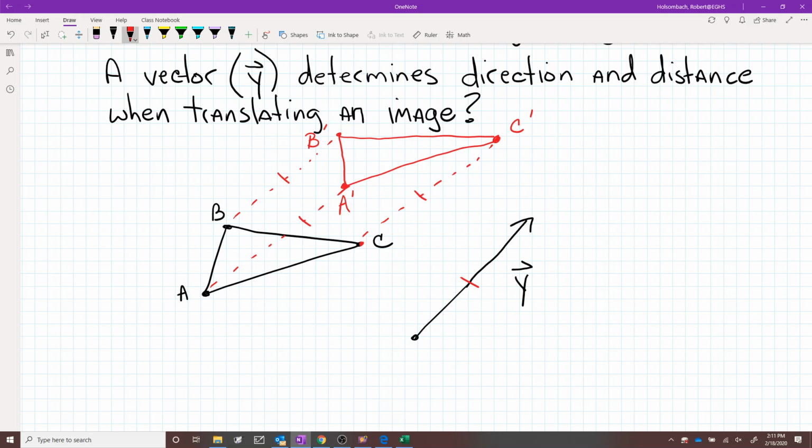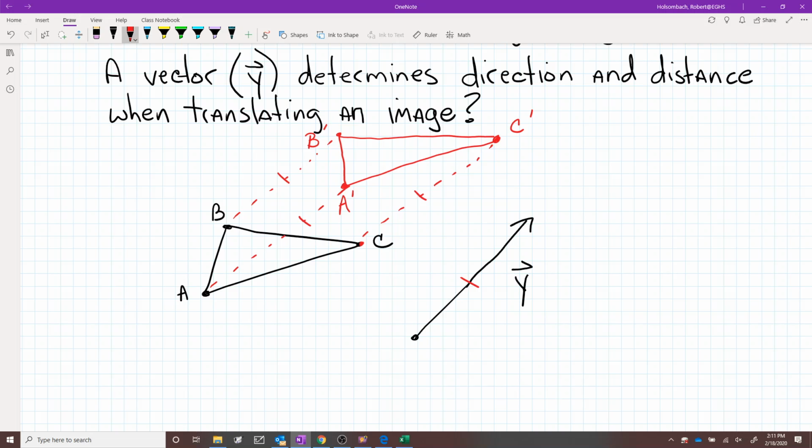So like yesterday, the first part of your assignment, you're going to be given an image and you're going to be given the vector. The vector is going to be on the textbook, printed. You're just going to have to redraw the image after the translation. Okay? Second part of the assignment is going to be just like yesterday.